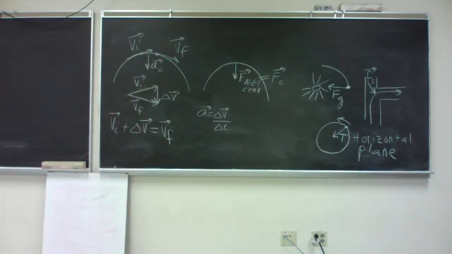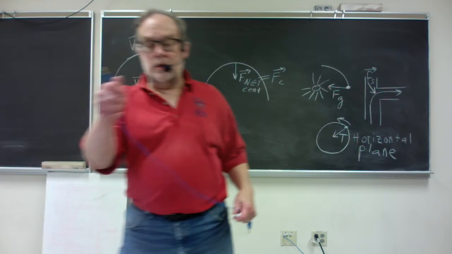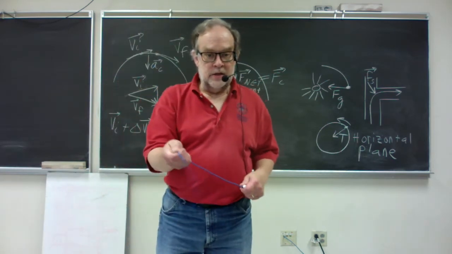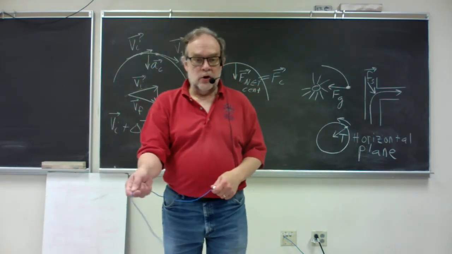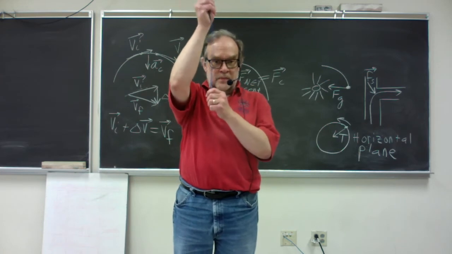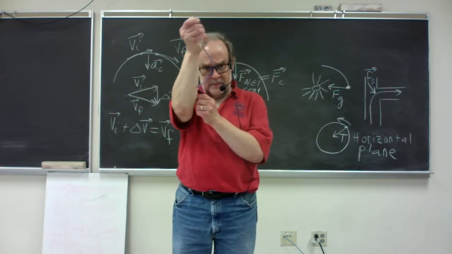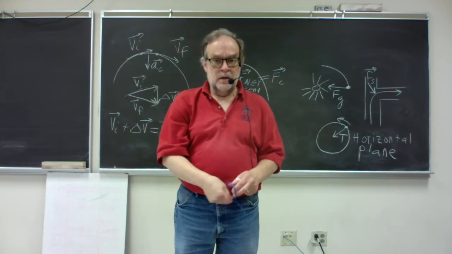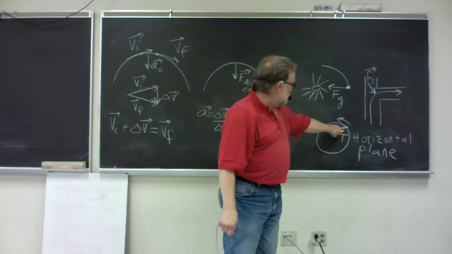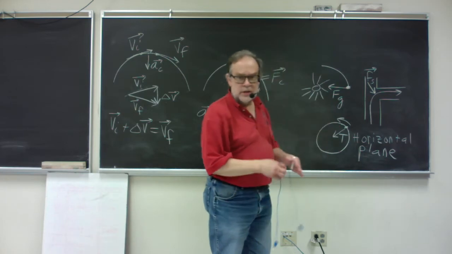Or one more example here. So this little plug on the end of this wire, and if I'm spinning the plug around in a horizontal plane, as seen from above, the plug is rotating in a circle.